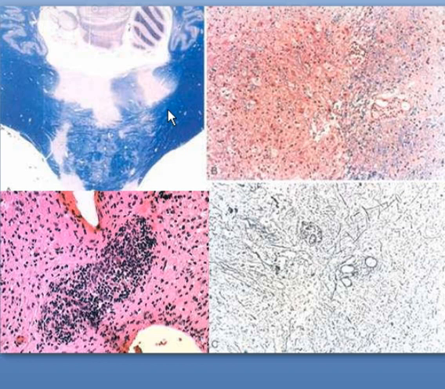You have edema, which causes it to show up bright on the T2 weighted images. You have gliosis, like you see here and here, as an increased number of glial cells coming into the demyelinated area. And thirdly, in this particular stain here, you can see some preservation of these black lines, which is a silver stain that stains axons.